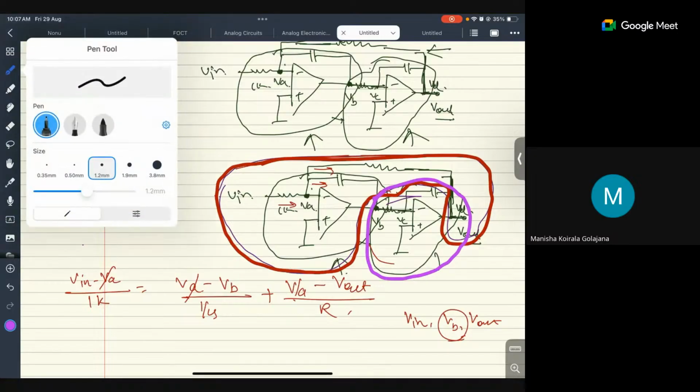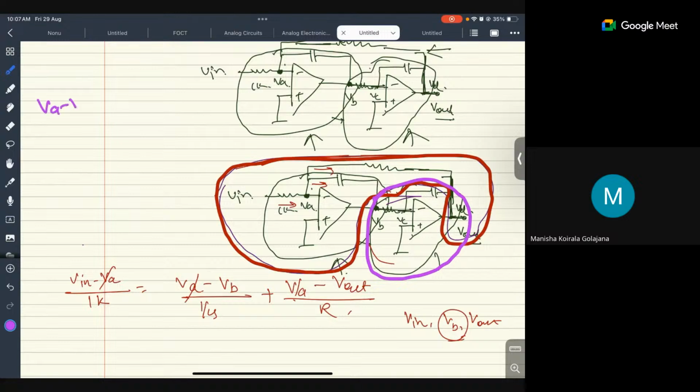The current that is coming from VA: (VA minus VB) by 1 by CS is equal to the current going in this one, so (VB minus VC) upon R. Sorry, we apply here from VB to V out: (VB minus V out) upon R plus 1 by CS.